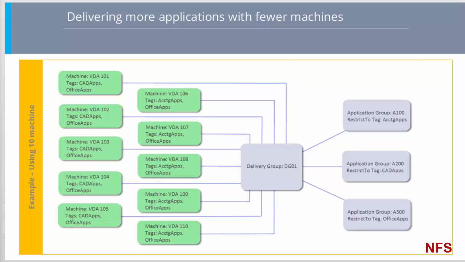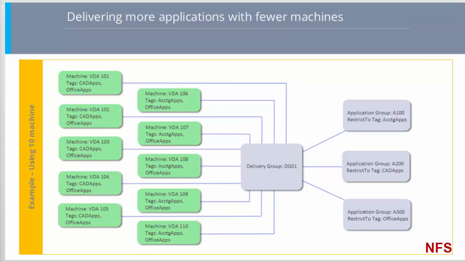By applying tags to each machine and then specifying tag restrictions when creating each application group, then accounting users in the group can access the apps they need on 5 machines, VDAs 101 to 105. CAD designers in the group can access the apps they need on 5 machines, VDAs 106 to 110. Users in the group who need Office applications can access the Office apps on 10 machines, VDAs 101 to 110. Only 10 machines are used with only one delivery group.